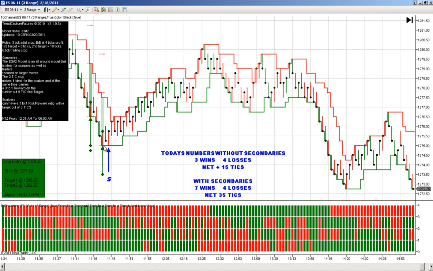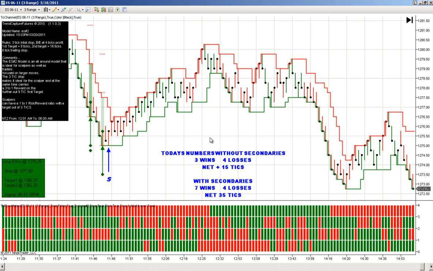That's your secondary right there after you got stopped out. So that's why I'm saying it comes in exceptionally handy to help alleviate some of the pain from some of the stop outs. With a 3-tick stop, it's relatively pain-free, but these secondary signals definitely help your bottom line. But as I stated in the beginning, they are aggressive. You need to be an aggressive trader in order to even consider taking them.